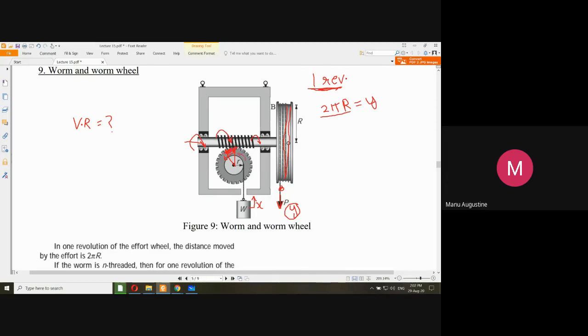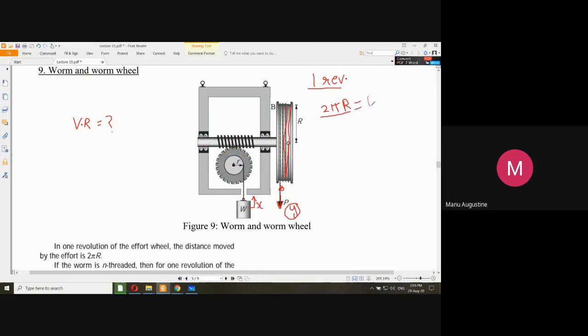Do you see? One revolution of the worm gives only a small, partial revolution of the gear. And only by that distance will this X rise up. So we have to find the relationship for this. This is not very difficult to find out. Let us go about it.